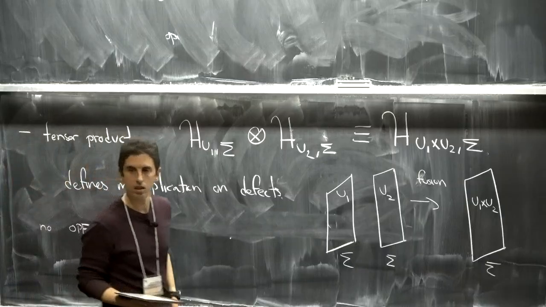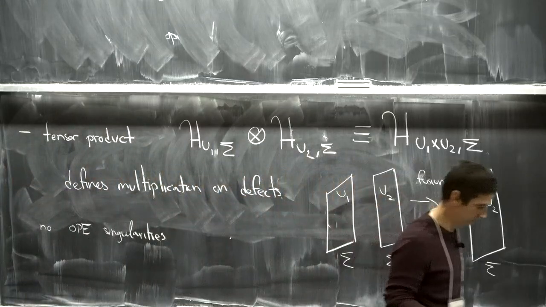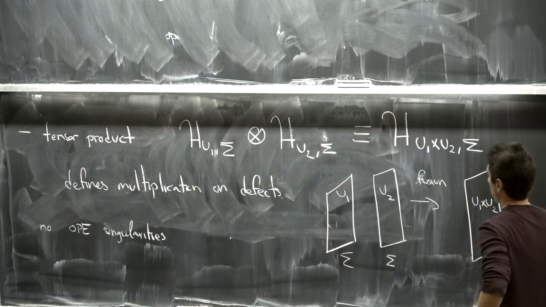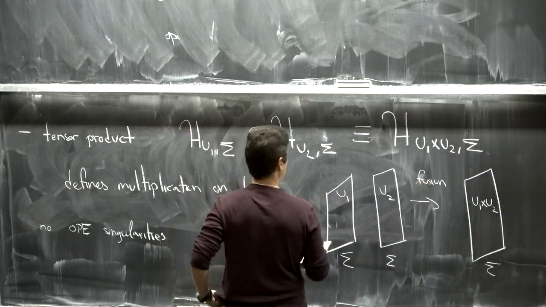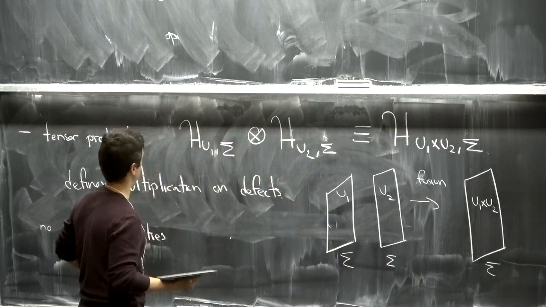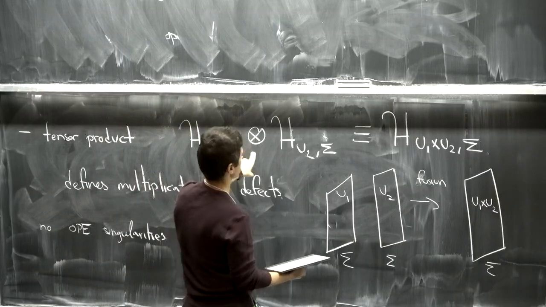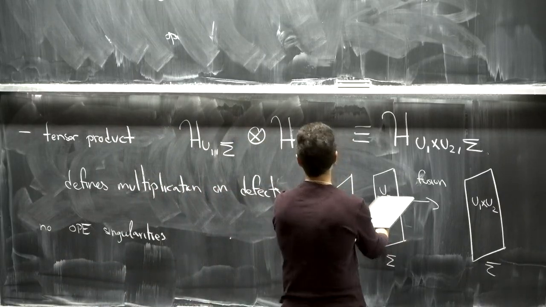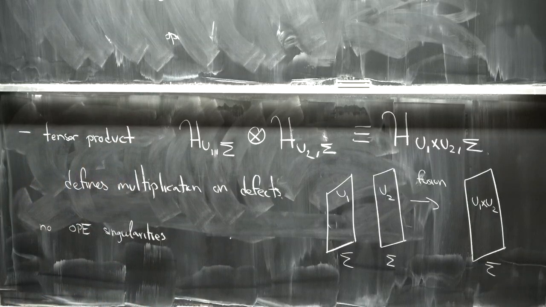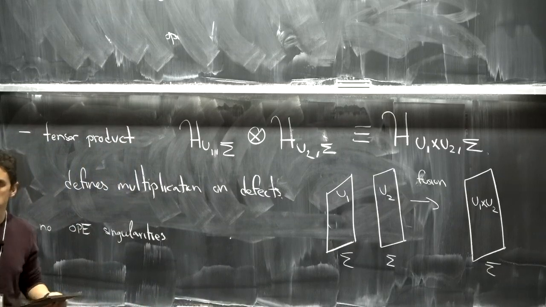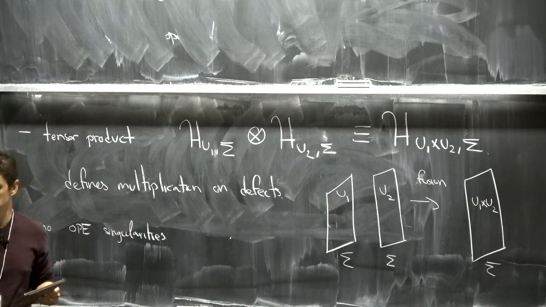Yes, question? U1 and U2 don't commute. The left-hand side is not necessarily commuting. Well, sorry, I have to define left versus right fusion. Maybe I don't understand. You can have symmetries that don't commute.